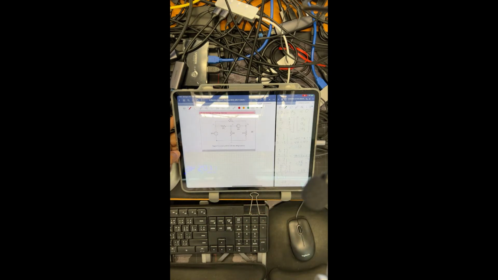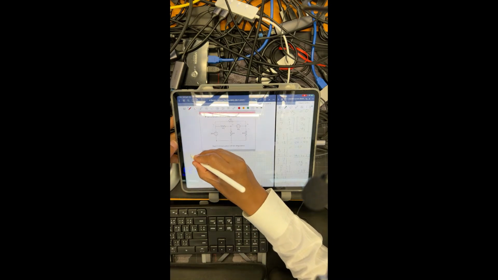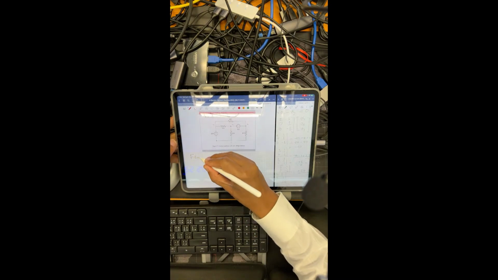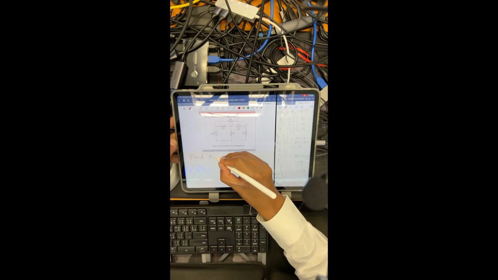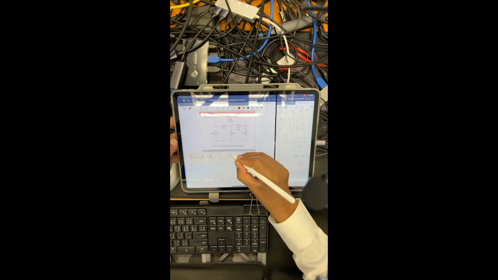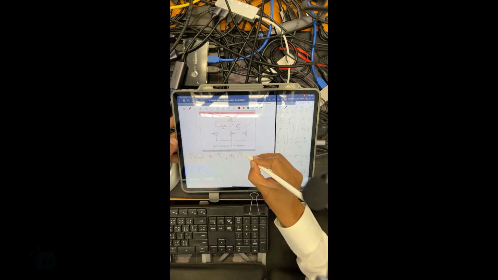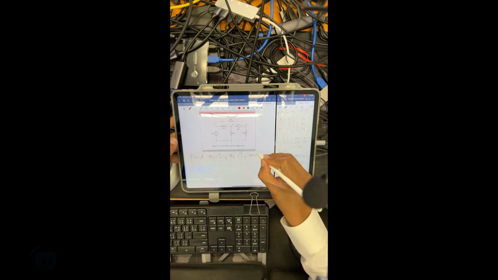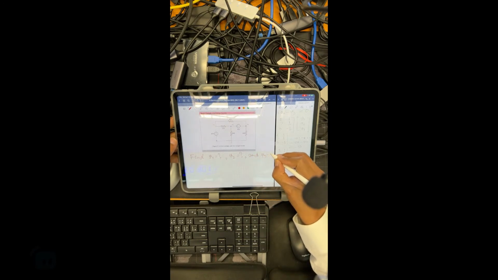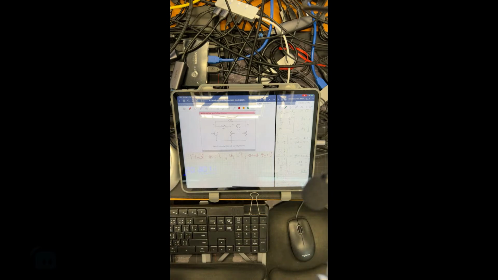Let's solve this one. They want to know V1, V2, V3 again. Find V1, V2, and V3. They have already chosen the ground node for us.